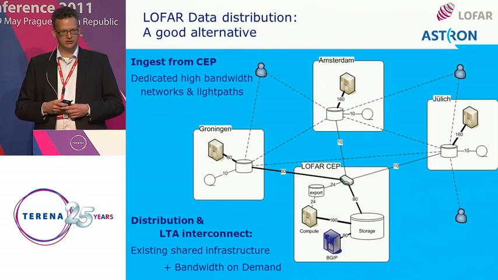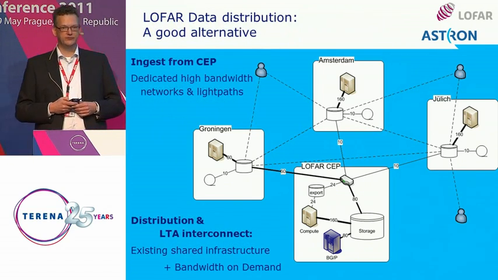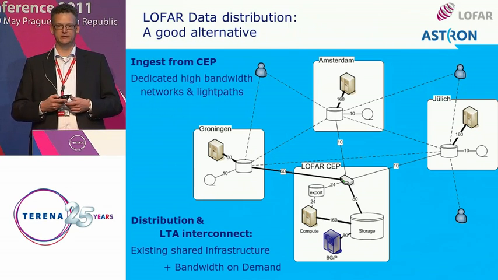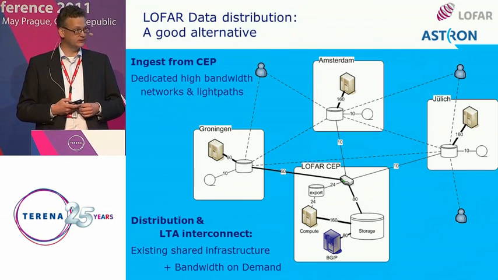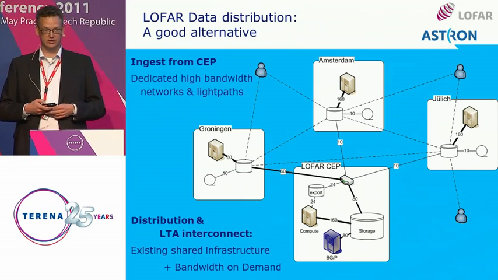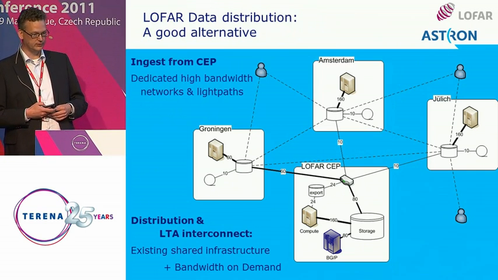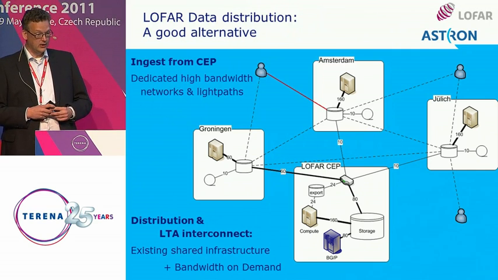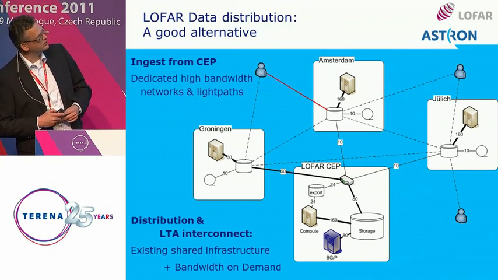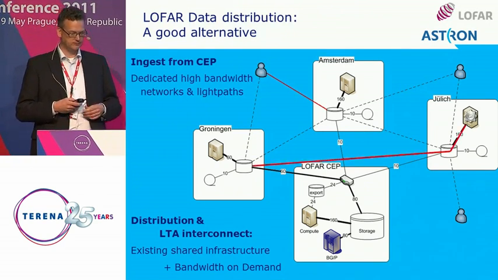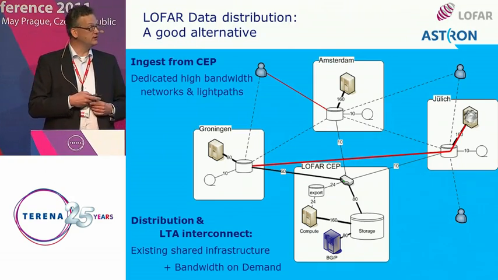So what is a good alternative? I think the light path technology and bandwidth on demand is actually a very good alternative that would allow LOFAR operations in the long-term archive to the extent that it will work very well. It's just, I'm not sure how well this is visible. This is a bit of a movie.